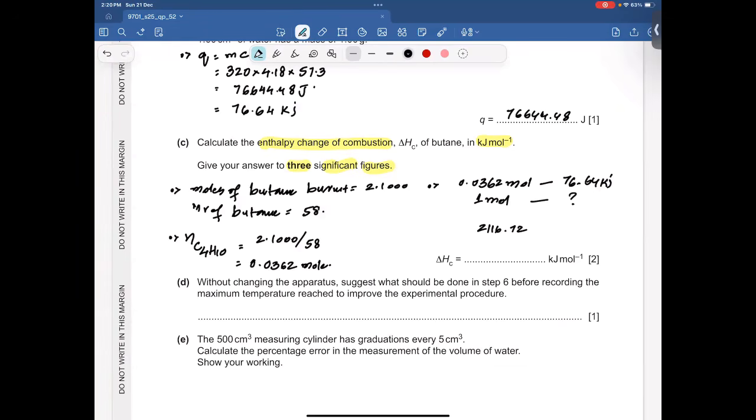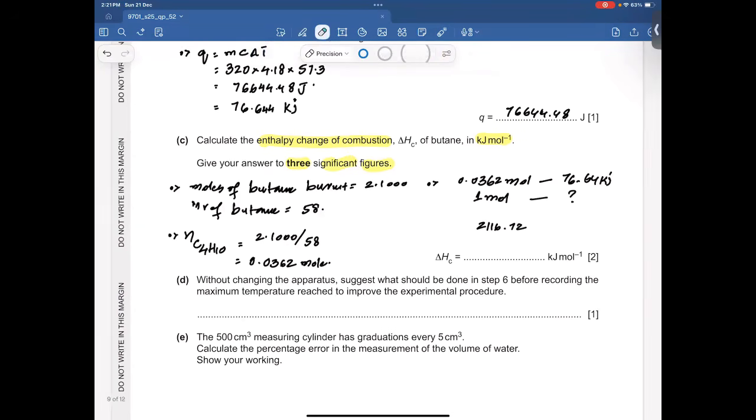Oh my goodness, my bad. Let me calculate again. It is 76.644 kilojoules.